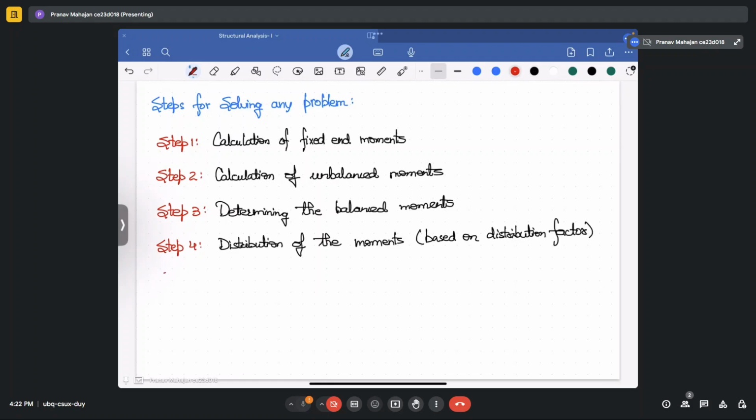In step 5, you will carry over the distributed moment to the other ends, so carryover of the distributed moments.